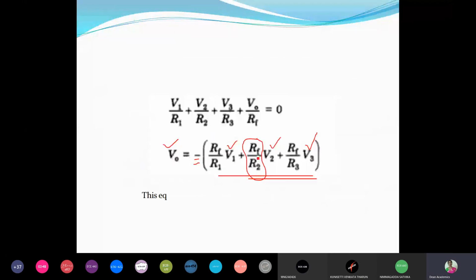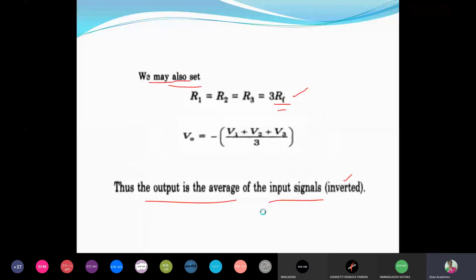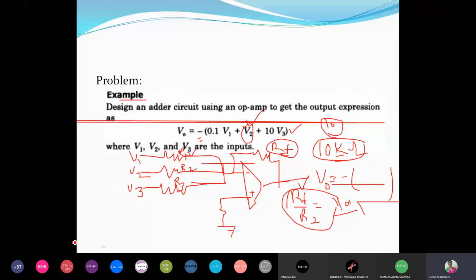When it is 1, that means whatever value of RF you have, if you select the same value for R2, then both get cancelled and you will get V2. So in our given question, what is the value of RF? If we assume RF is equal to 10 kilo ohms, in the examination everybody will not select the same value.